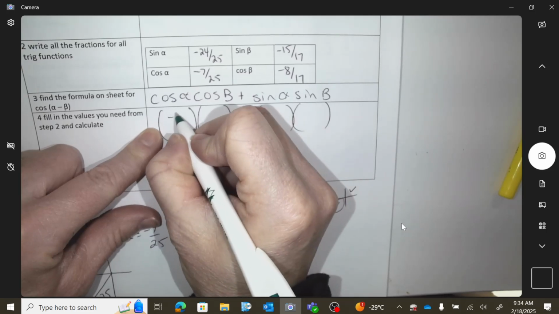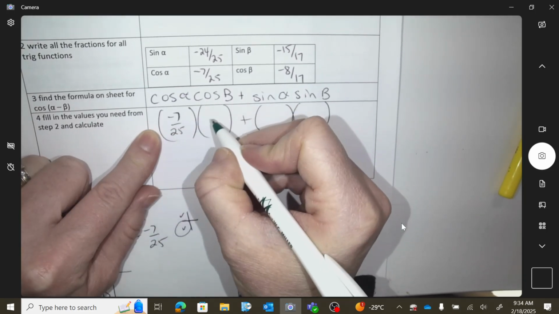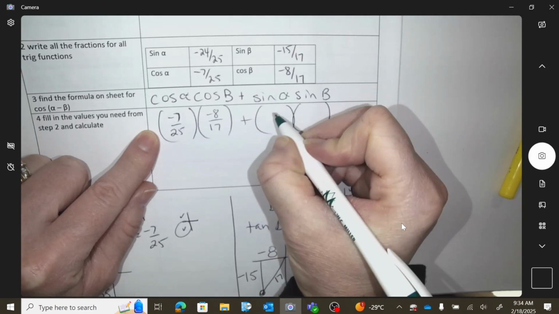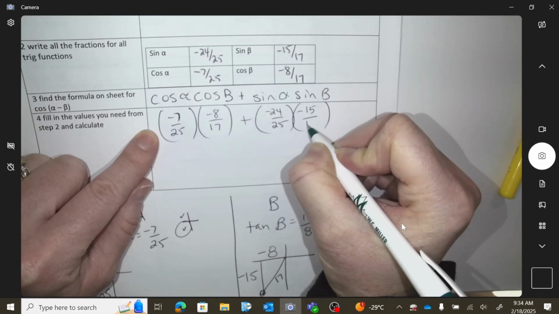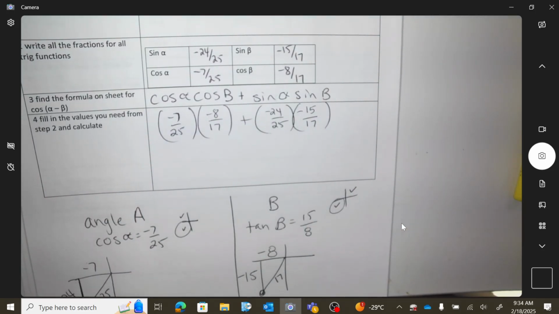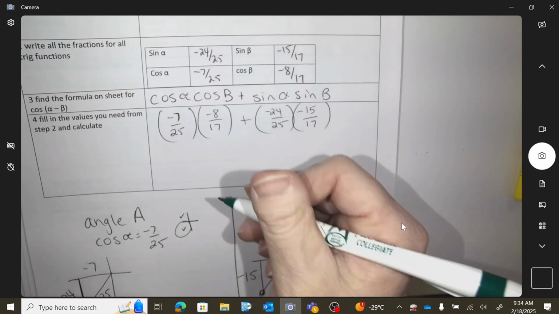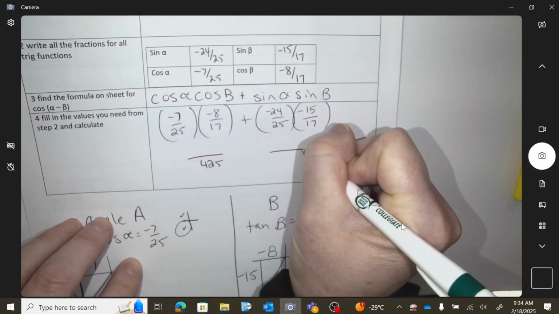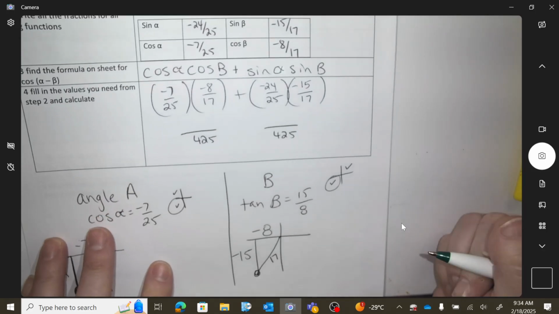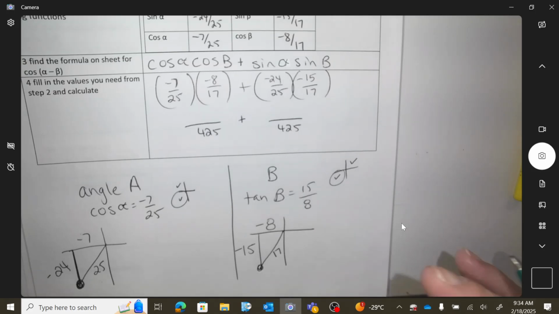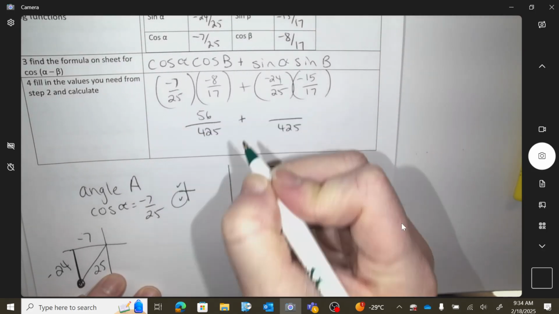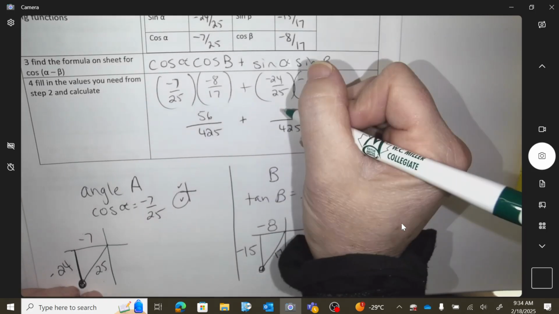Cos A, cos B. Okay, when these work out, they should always end up with the same bottom, by the way, on all these add subtract formulas. So 56 and 360.